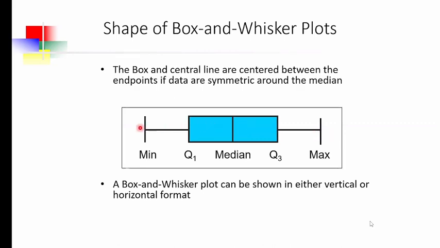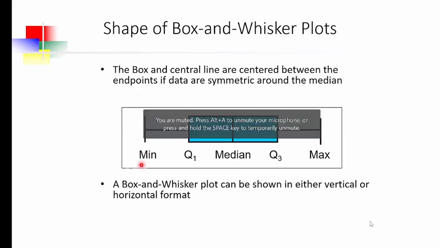So this horizontal line is the same on both the right hand side and left hand side, and even the rectangular diagram is also symmetrical, both sides equally divided. Right? So if this is the shape of your box plot, then we can say that the data are symmetrically distributed.